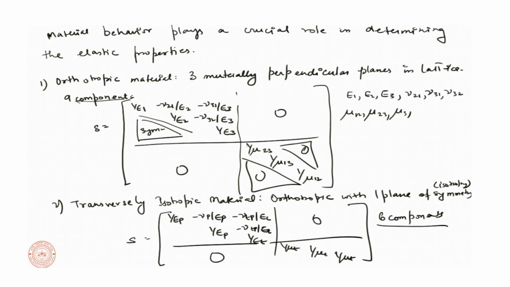What are the components? We have EP, ET, nu P, nu TP and mu T. How many do we have? Let's write down. I think I am missing one. ET, nu P, nu TP, mu T and mu TP. We should have mu P. We should have one more. Which one should it be?